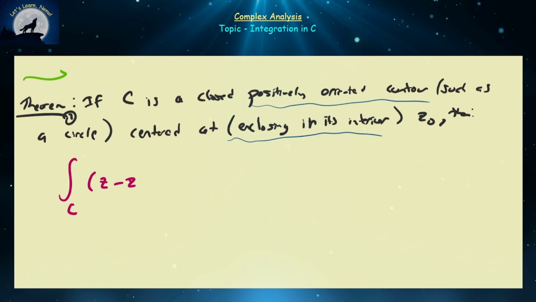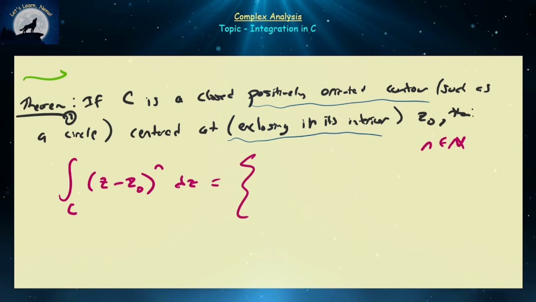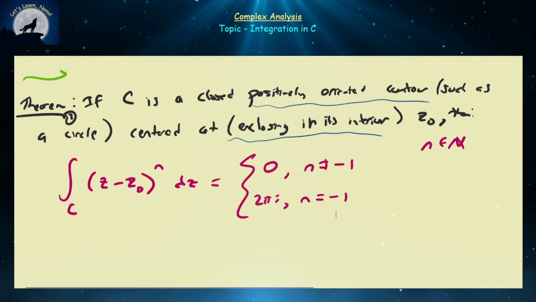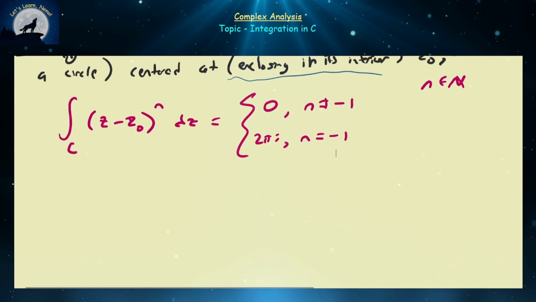So the integral over C of (z minus z naught) to the power of n dz, where again n is an integer, will again be equal to 0 if n is not equal to -1, and 2 pi i if n is equal to -1. Eventually we're going to prove that it doesn't really matter that it's a circle.